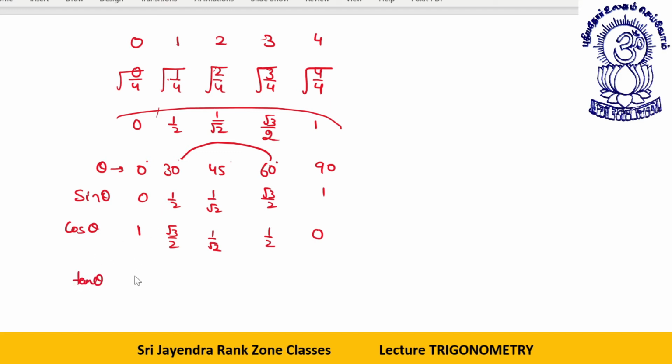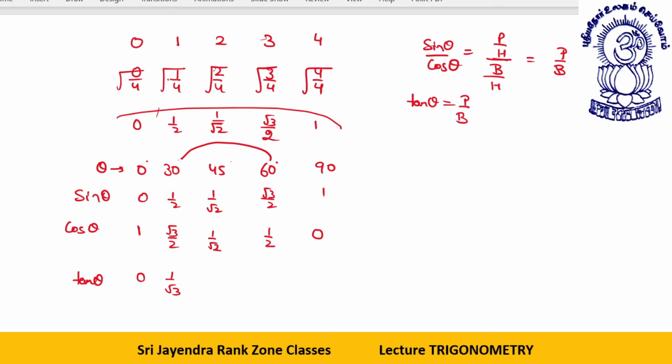Finally, tan theta will be 0 by 1, 0. 2 and 2 cancel to give me 1 by root 3. Tan theta, my dear students, is what? Sin theta by cos theta. Look, sin theta by cos theta is equal to what? Perpendicular upon hypotenuse divided by base upon hypotenuse, that is perpendicular by base.